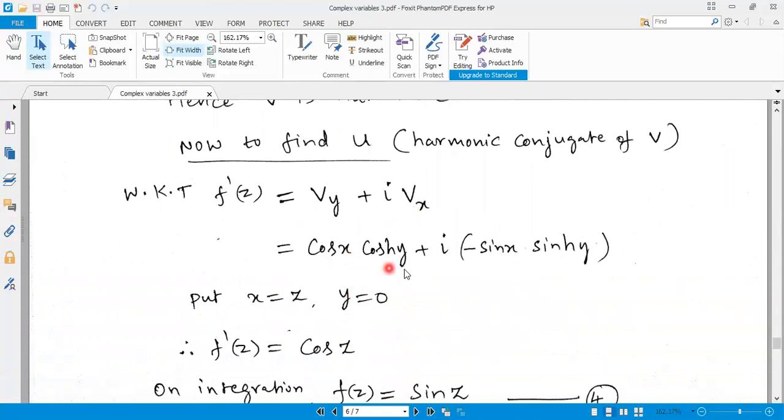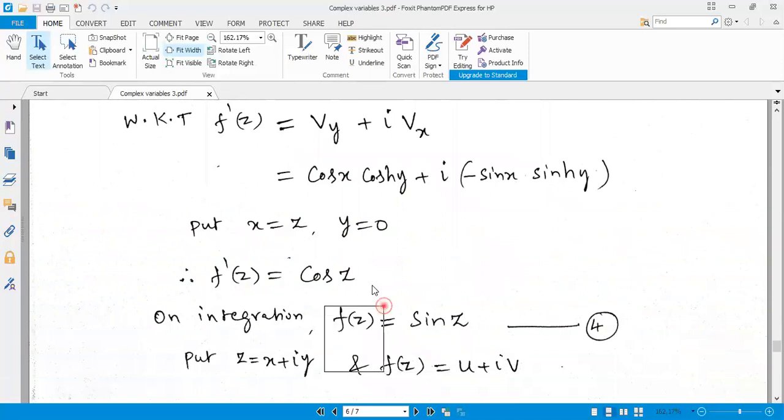So this will be cos x cos hy plus i into minus sin x sin hy. By the Milne-Thomson method, we put x equals z, y equals 0. We obtain f dash z as cos z. On integration with respect to z, we obtain sin z. So this is the analytic function f of z.